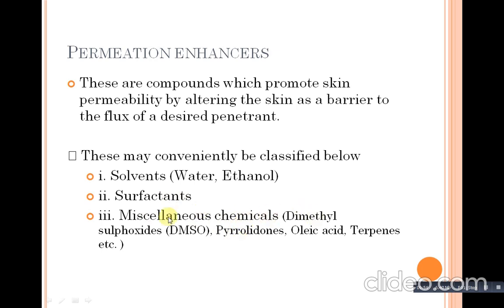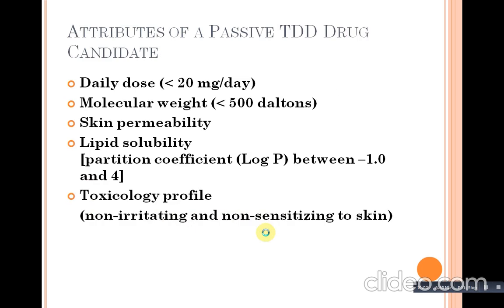Various chemicals like DMSO, pyrrolidones, oleic acid, and terpenes can be used as penetration enhancers. Then common attributes for a drug to be a suitable candidate for a transdermal drug delivery system. Due to the limitation of the size of the transdermal patch, the daily dose of the drug must be less than 20 mg.